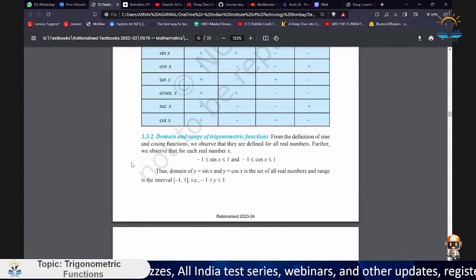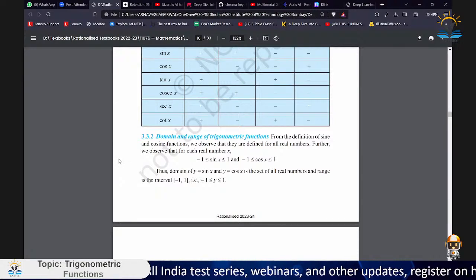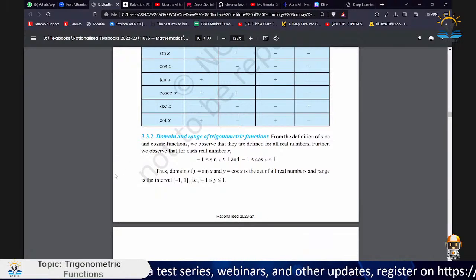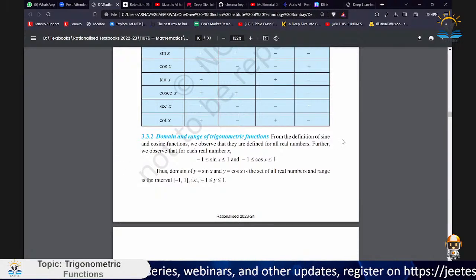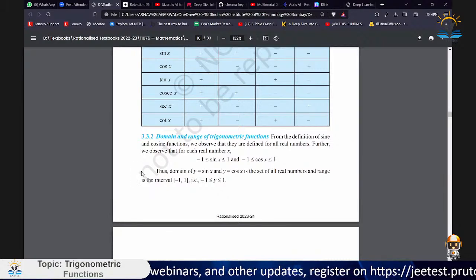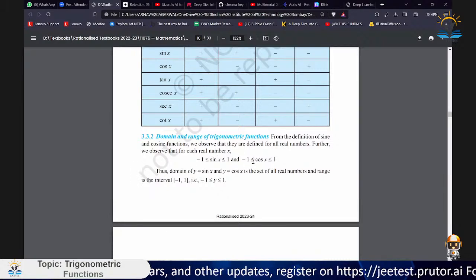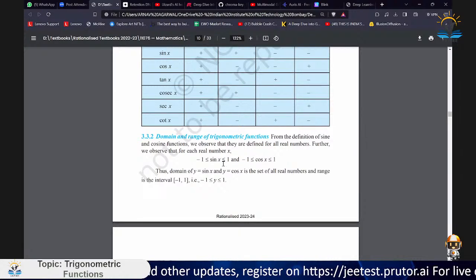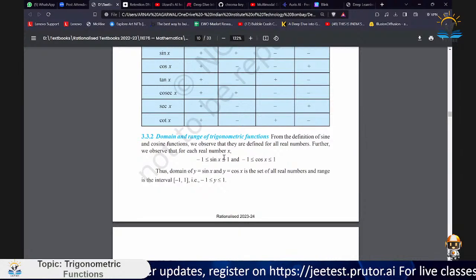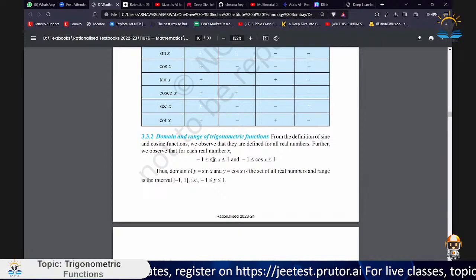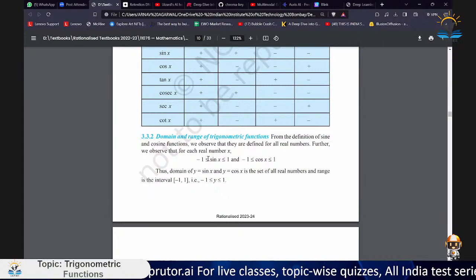Let's now start with the domain and range of these trigonometric functions. We know that only sin x and cos x are defined for every value of x belonging to real numbers, right? So they are defined on the whole real line. So the domain of sin x and cos x is the whole real line, but their range is constrained.